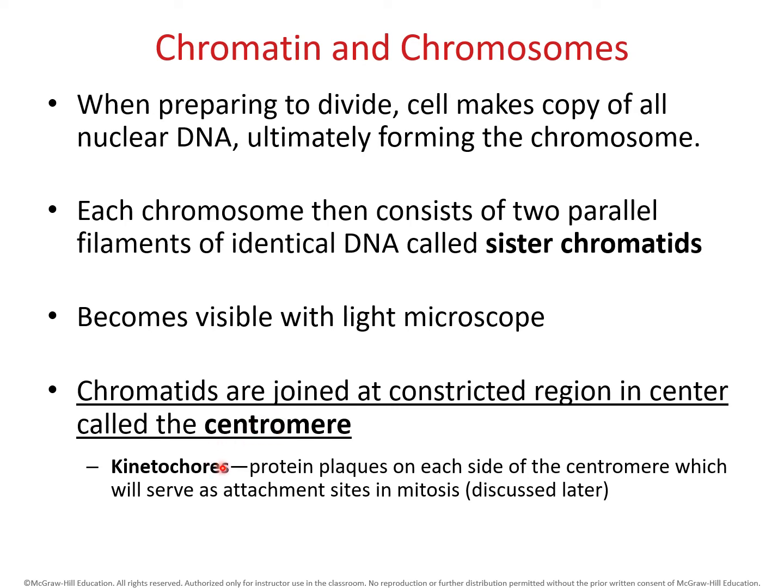Now, another structure associated with chromosomes is something called kinetochores. Kinetochores are little proteins that are situated on the lateral aspects of the chromosome. These are going to be important later when we talk about cell division, because kinetochores help serve as attachment sites for microtubules in mitosis.